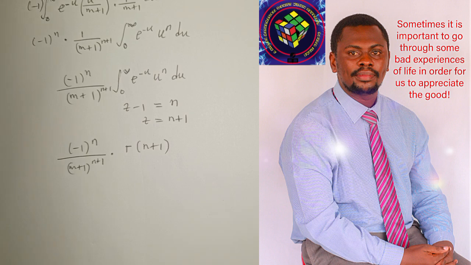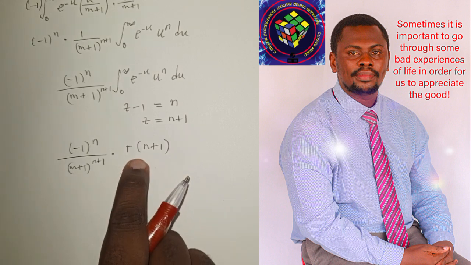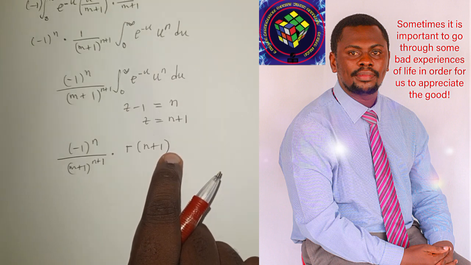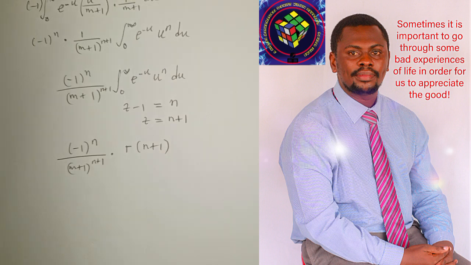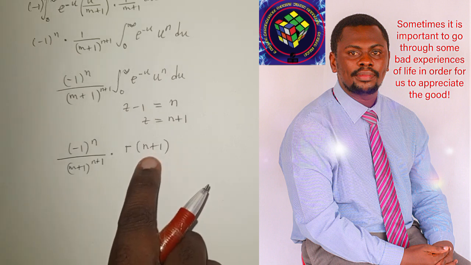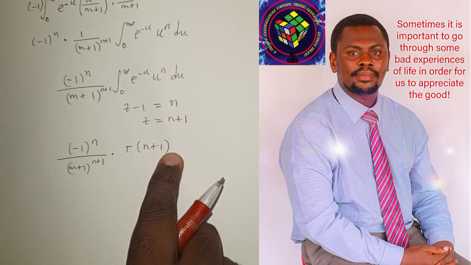And I believe you remember that gamma of n plus 1 is just n factorial. When you are coming from the gamma function and you want to change to factorial, you just subtract a 1 in the gamma function. When you subtract 1 from n plus 1, you get n.